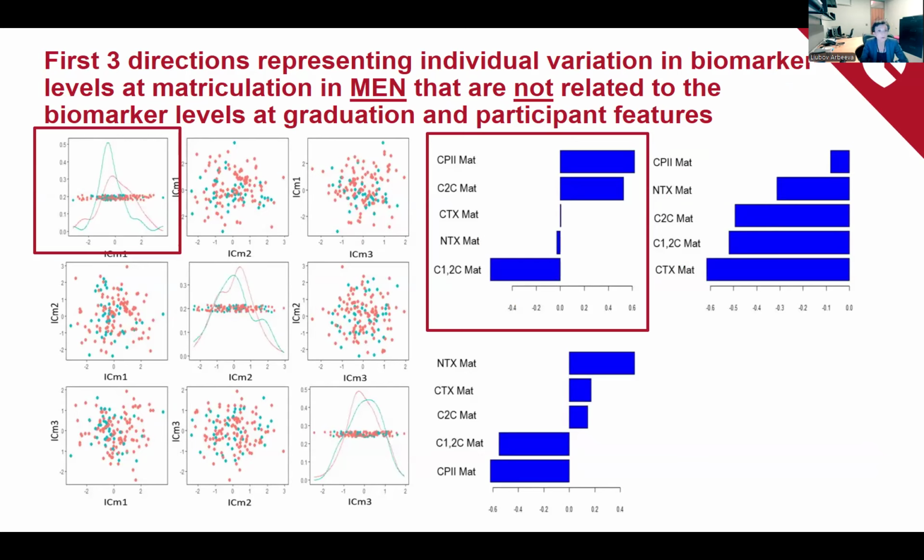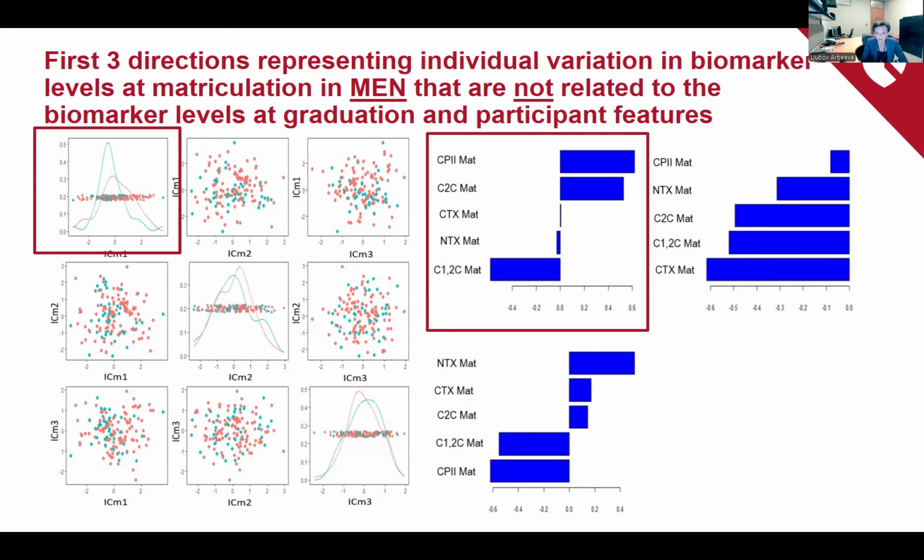So let me first spend some time on Arbeeva basics and explain how to interpret these graphs. And I will start with the left part of the slide. The red and blue curves on the diagonal plots indicate the kernel density estimate for the distribution of the scores.